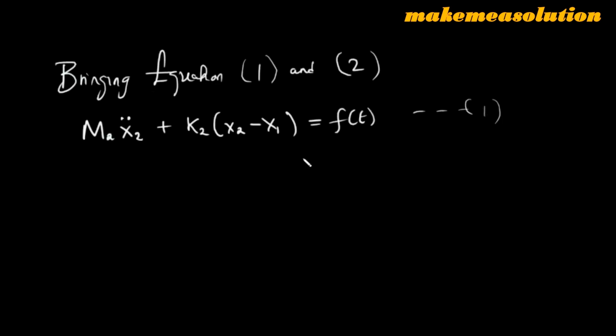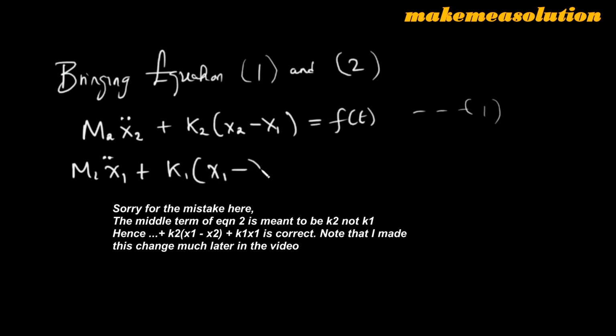And we had m1 x1 dot dot plus k1 into x1 minus x2 plus k1 x1 equal to 0, which is equation 2.